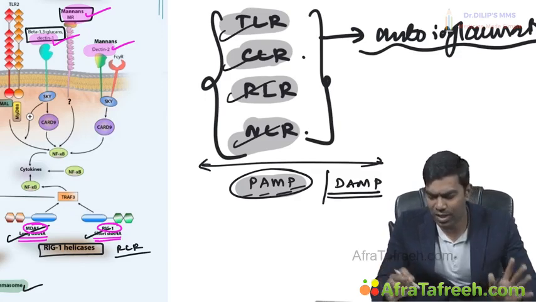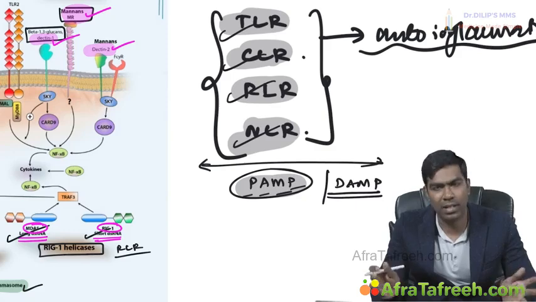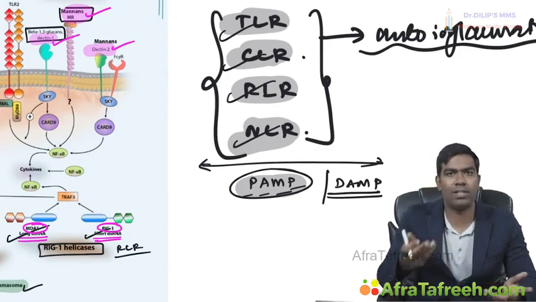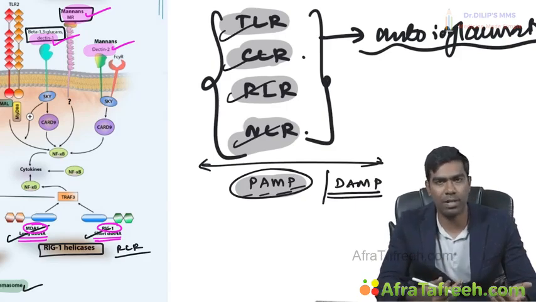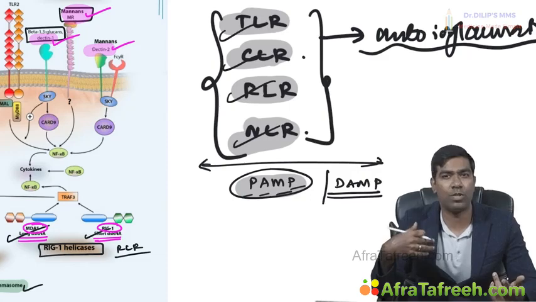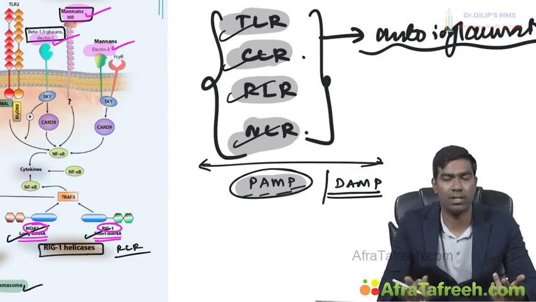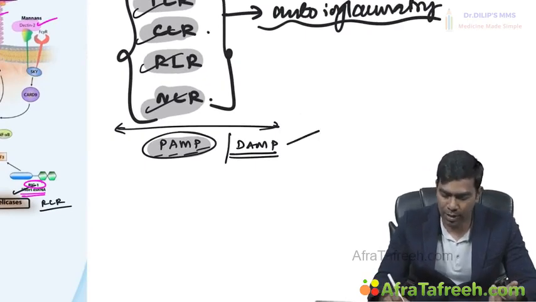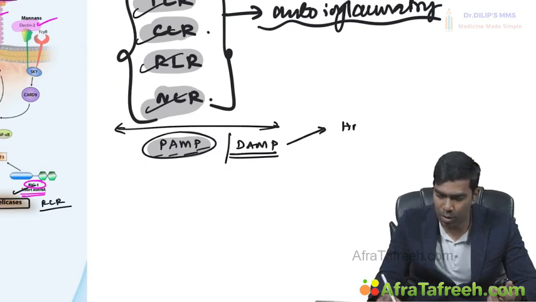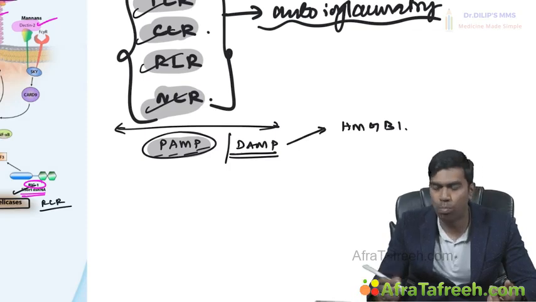So what are the DAMPs that can be recognized? Till now we have seen the PAMPs, the ligands recognized by these receptors, but some DAMPs, internal damage to the cell, can also be recognized by these pattern recognition receptors. For example, DAMPs that are recognized include HMGB1, high mobility group box 1.